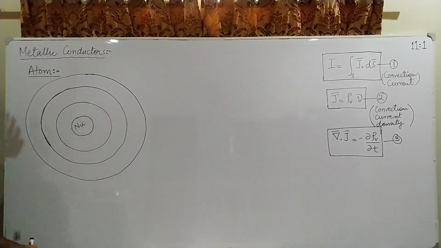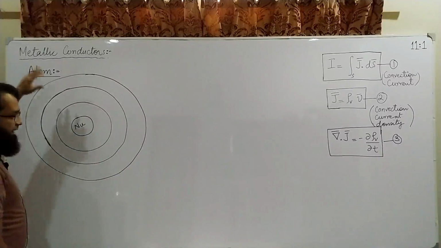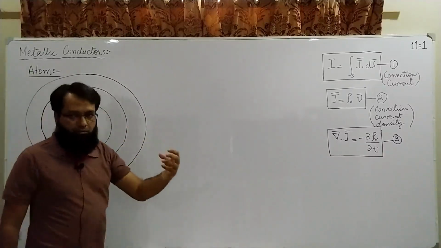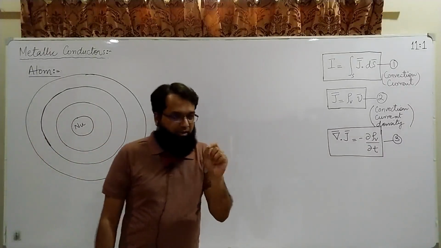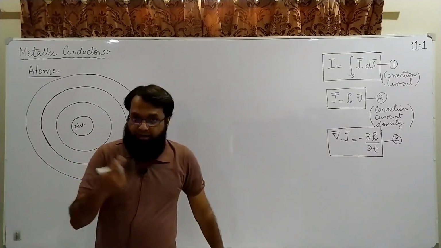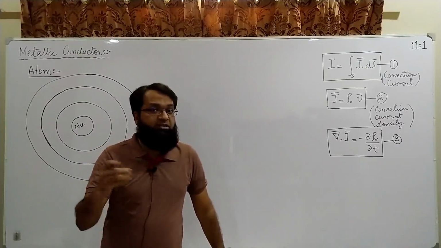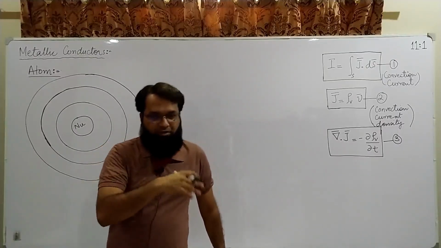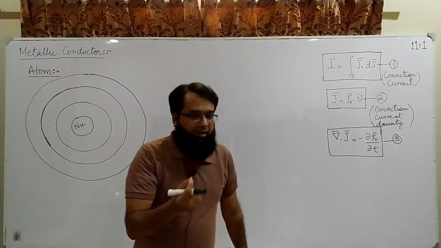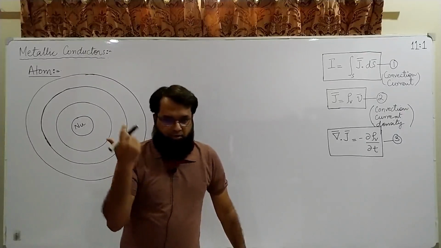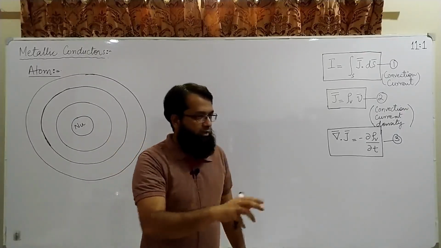So we know that every material is made up of atoms or molecules. If it is an element, the fundamental entity for that material is an atom, the smallest particle related to that particular element.